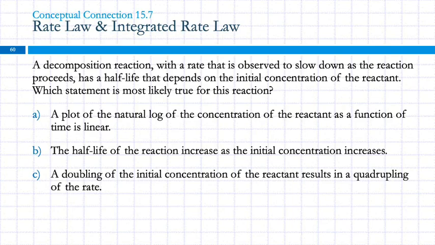So that narrows it to two possibilities. It can't be first order, because the first order half-life doesn't depend on concentration. So that tells us it's zero order or second order.